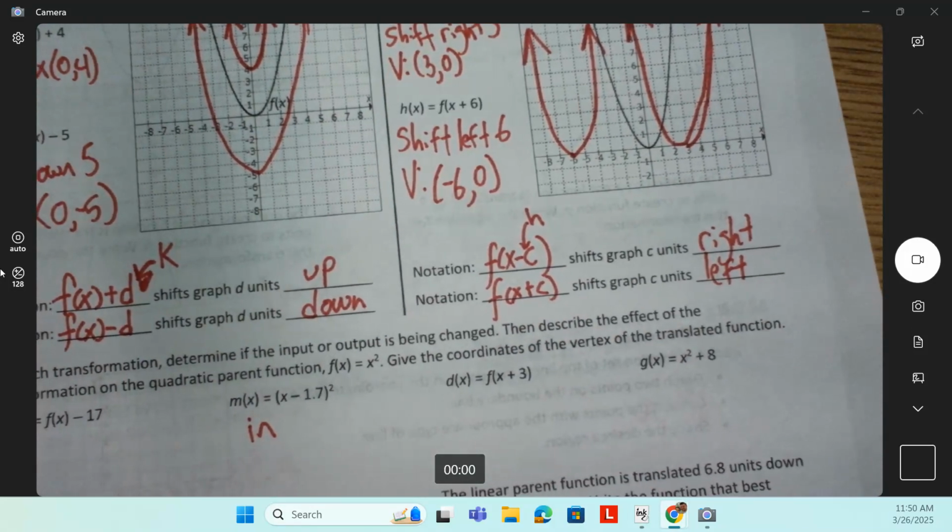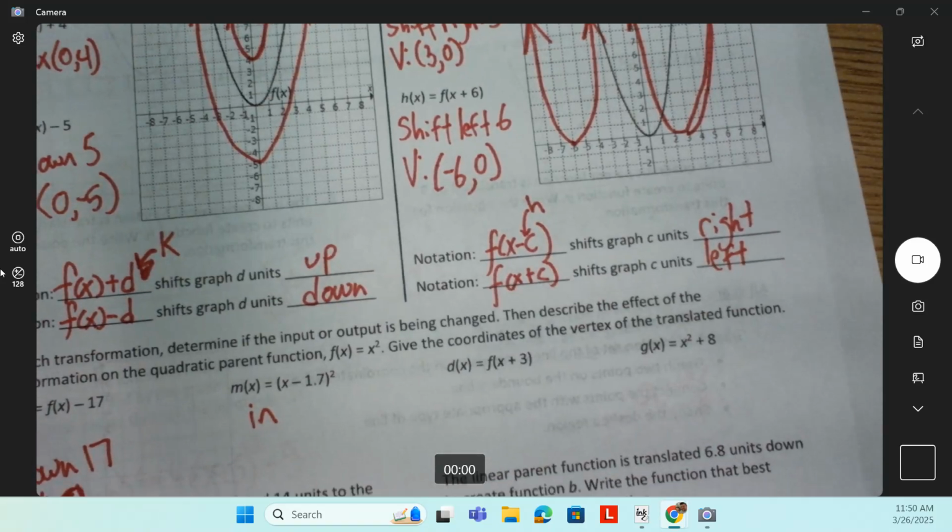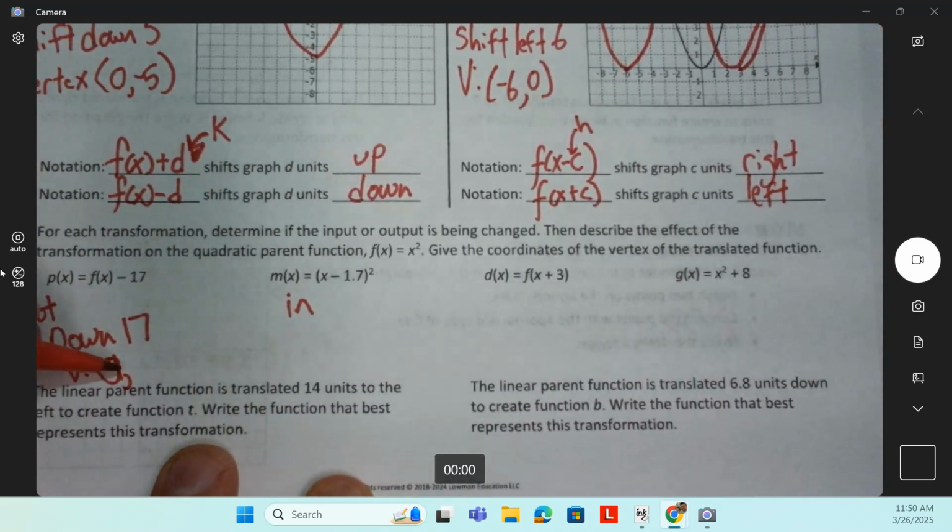And we'd say it's shifted, for this one, down 17. Vertex would then be 0, negative 17.